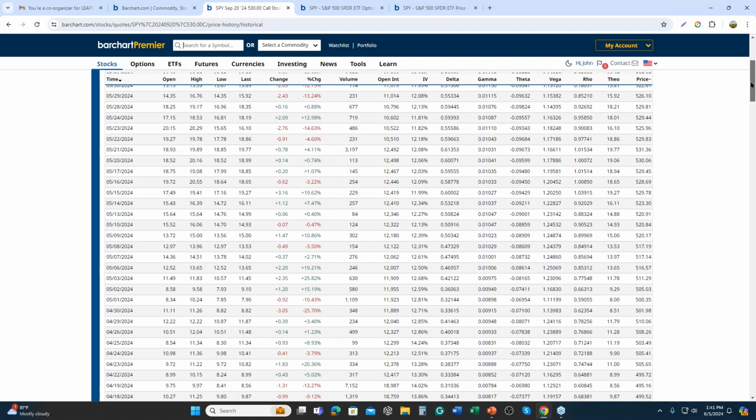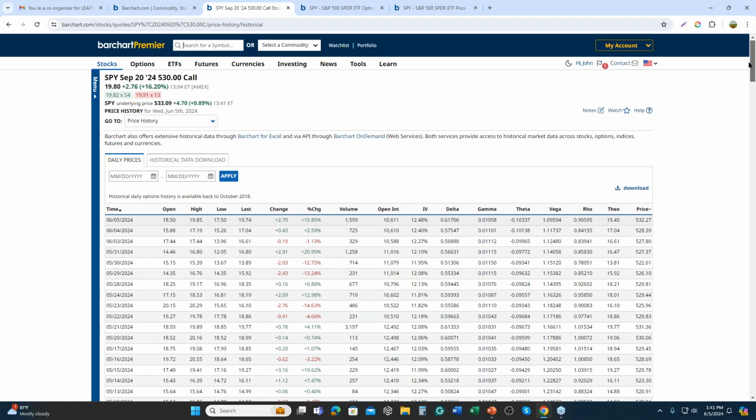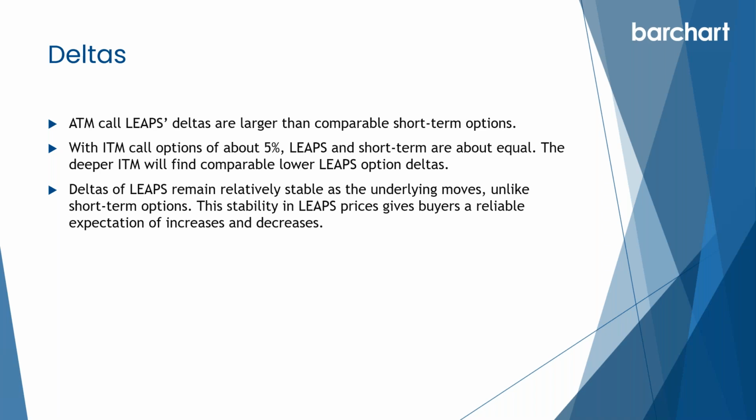So it's a little bit more volatile in terms of that relationship between the change in price of our stock and the change in price of our option. So this stability is a positive for buyers because we can anticipate how much that option is going to increase or decrease based on how much our stock is going to move.